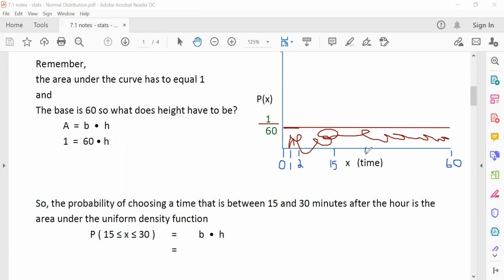Here's maybe 30 minutes. You would want to find the area of this little piece right here. You find the area of this piece. That's going to tell you what you need.